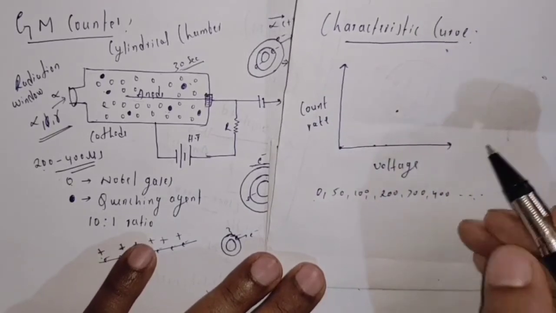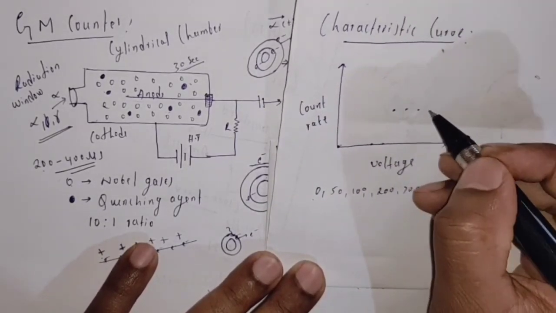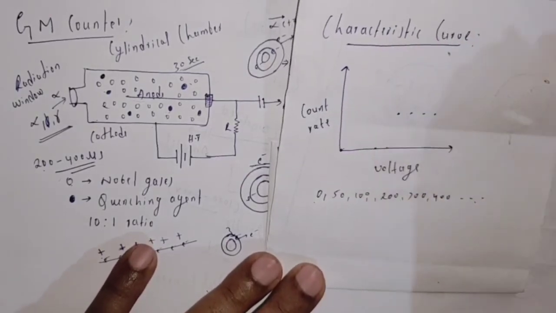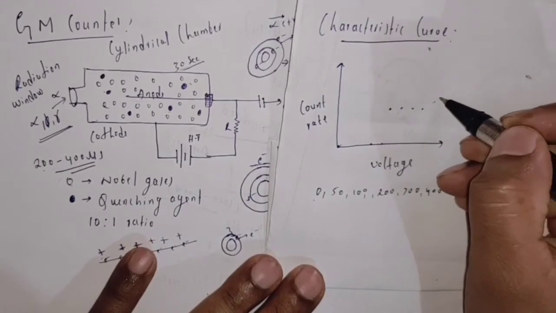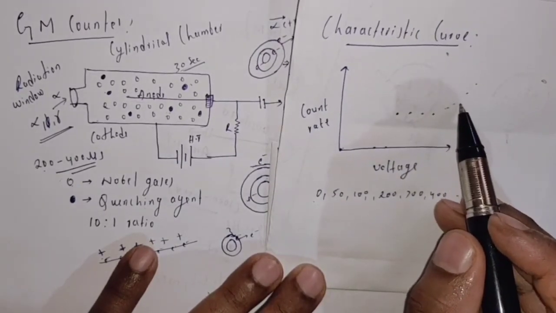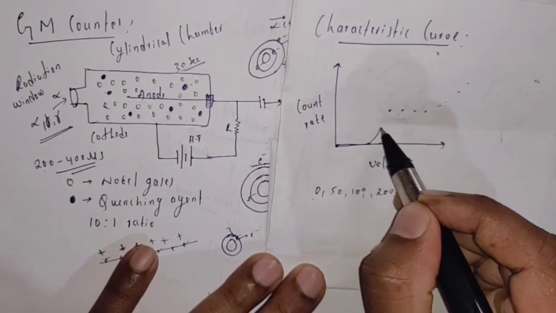For higher voltages, the detected particles increase like this, and for high voltages we observe that the number of particles detected is higher. If you join these points, we get a curve like this.